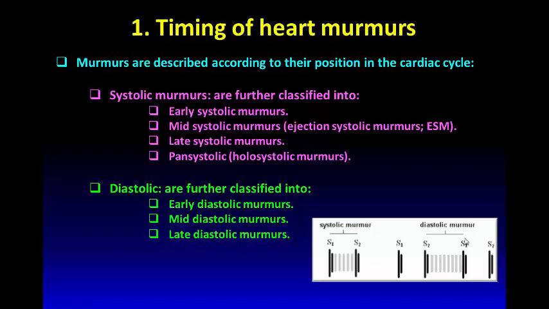Diastolic murmurs are further subclassified into early diastolic murmurs, mid-diastolic murmurs, and late diastolic murmurs. The heart murmur can extend throughout systole and throughout diastole. And when this is the case, the murmur is classified as a continuous murmur.